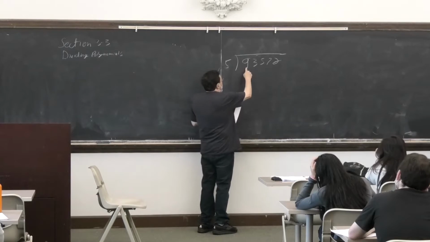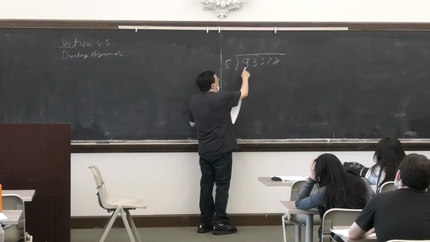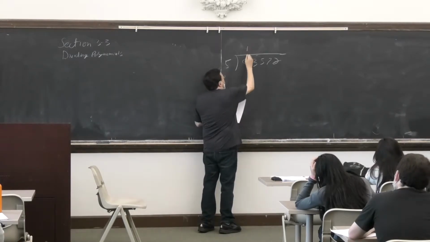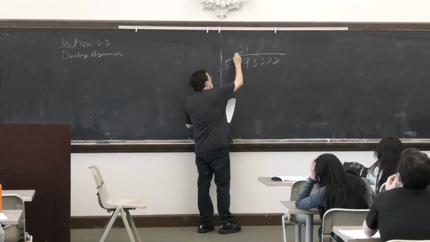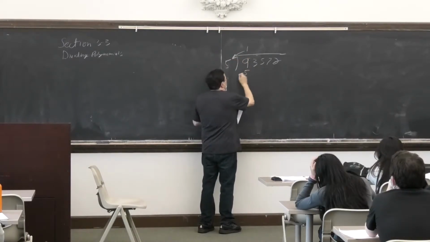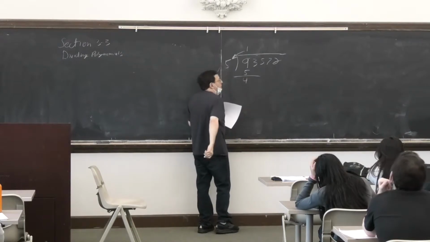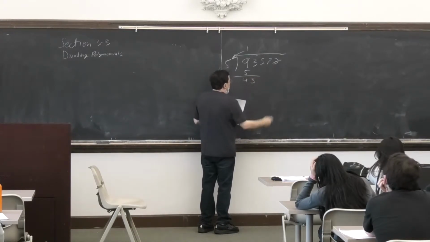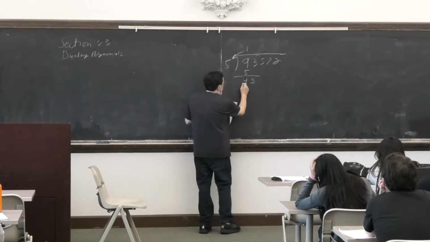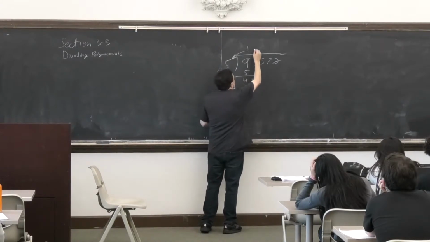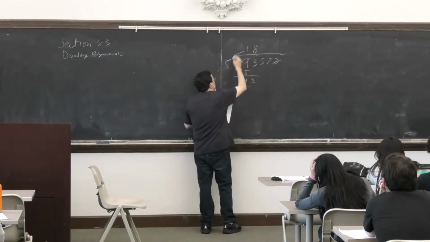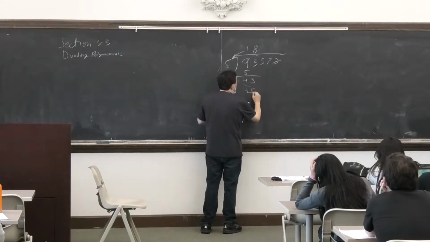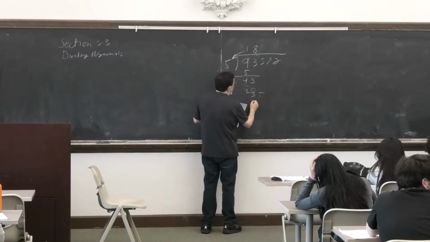We look at the first digit, we see, okay, how many 5s are in there? Just 1. We multiply 5 by 1. We subtract. We bring down the next digit. Now I've got 43. We look at that and go, oh, 8. 8 times 5 is 40. Bring down 3 and we get 5.